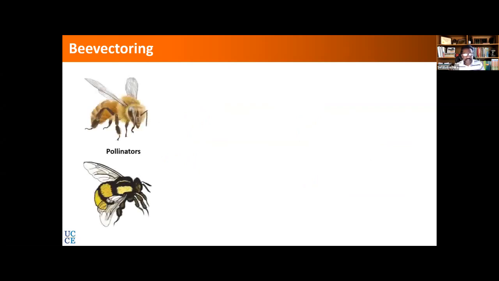And then another one is Beevectoring, which is using these pollinators to deliver microbial pesticides, or maybe we end up using them to deliver other pesticides too, I don't know. But these Trichoderma and some other microbial fungicides, and even Beauveria bassiana kind of insecticides can be used.